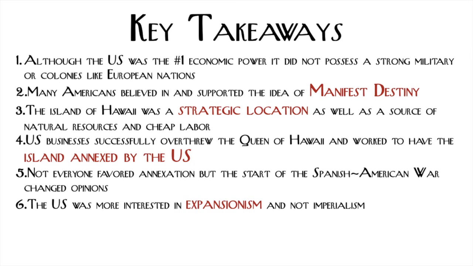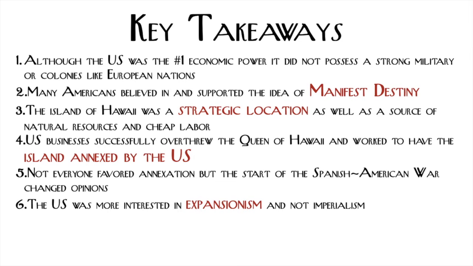So some key takeaways from today's lesson. Although the U.S. was the number one economic power, it did not possess a strong military or colonies like other European nations did. Many Americans believed in and supported the idea of manifest destiny and believed that America was chosen by God to spread over and into new places. The island of Hawaii was a strategic location as well as a source of natural resources and cheap labor.